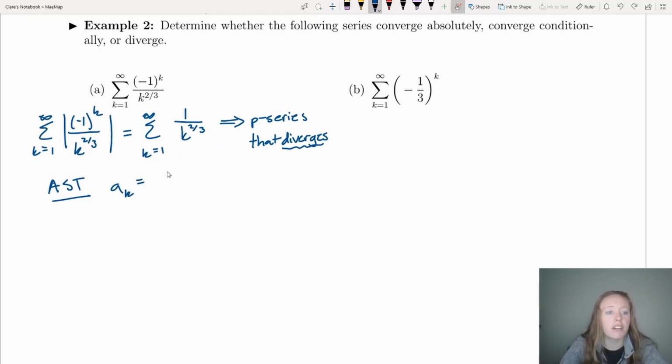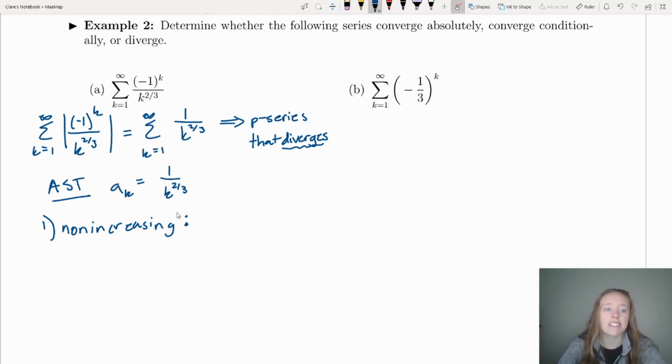When we take the absolute value of the series, that's what a sub k represents. So that's going to be 1 over k to the 2/3. Now, do you remember what we're supposed to do in part 1? We're supposed to show that the terms are non-increasing. Showing that these terms are non-increasing is as simple as taking the derivative and showing that the derivative is negative.